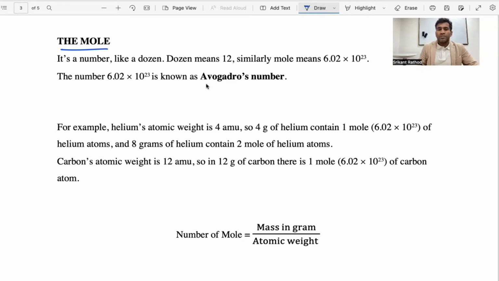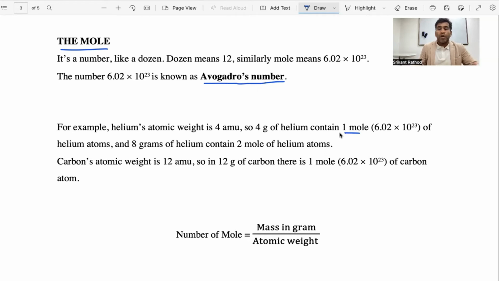Now, let's try to understand what Avogadro's number says. For example, helium's atomic weight is 4 AMU, that is atomic mass unit. So 4 grams of helium contains 1 mole of helium atoms. When I say 1 mole of helium atoms, it means 4 grams of helium has 6.02 times 10 to the power 23 atoms in it. That is the meaning of mole.